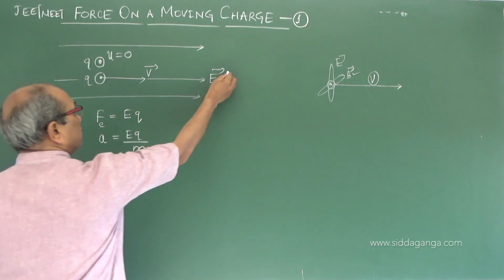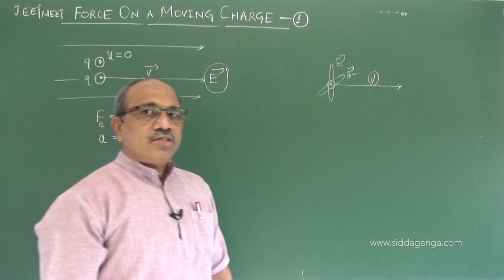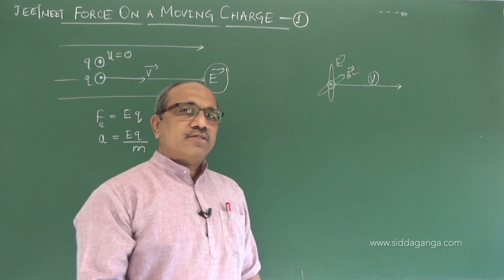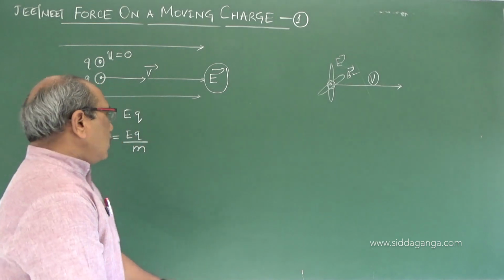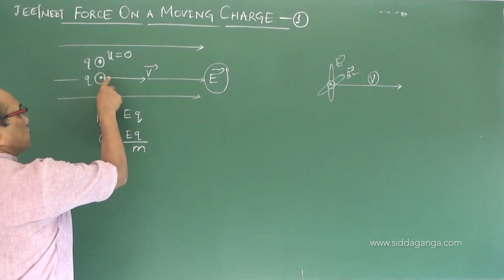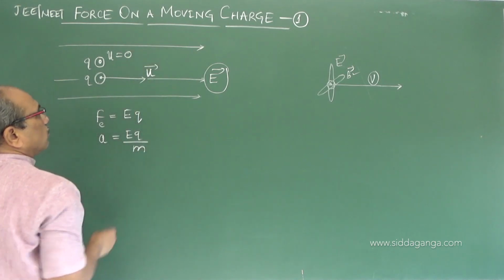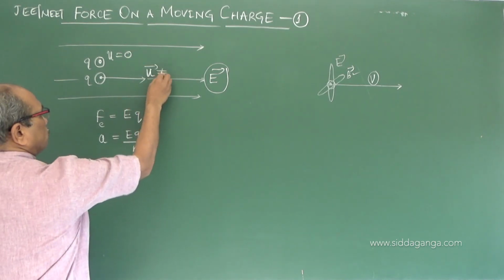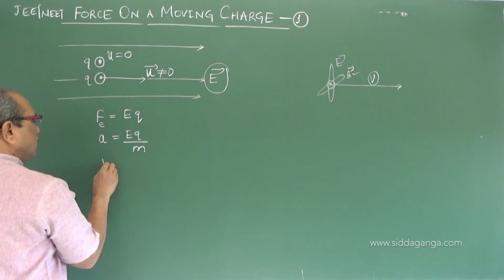I am talking about the force experienced by a charge in an electric field. We have discussed this in detail in the electrostatics chapter. And for this acceleration, suppose it has some initial velocity u, which may or may not be 0, we can find after some time what its velocity may be.